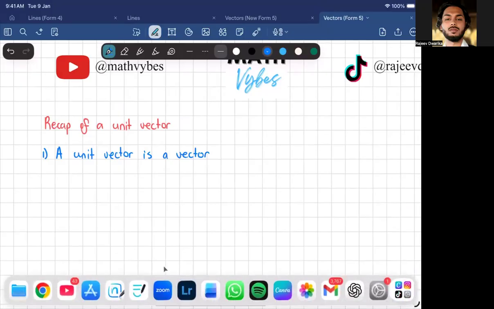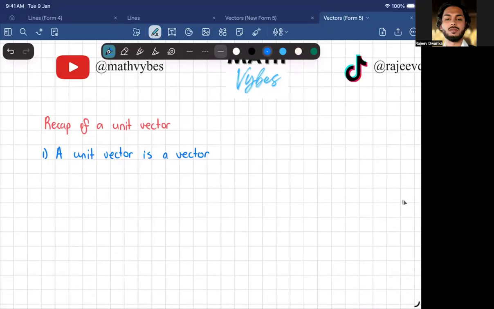When I hear a unit, what comes to mind? One. Yeah, one. Right? So Sky, one. So a unit vector is a vector whose magnitude is one.